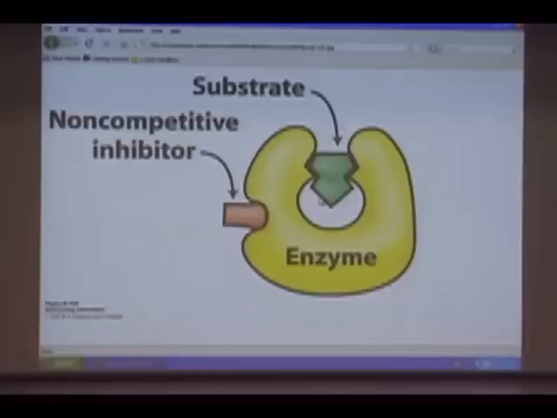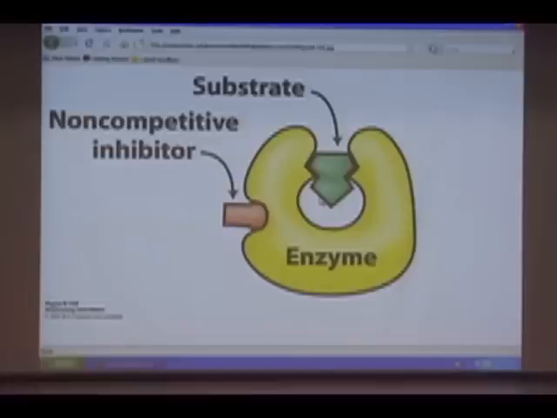And by the way, these are reversible. Come off, come on, come off. So on average, about 10% of my enzyme in competitive inhibition is going to be inhibited when I have 100 to 10. When I have 1,000,000 to 10, 99.9% of the enzyme is going to be active. So the amount of enzyme that's active is a function of the concentration of the substrate.